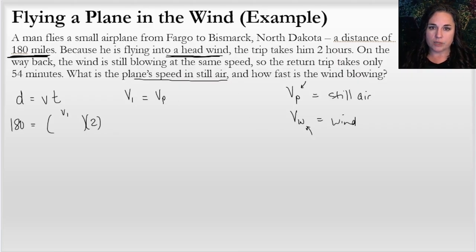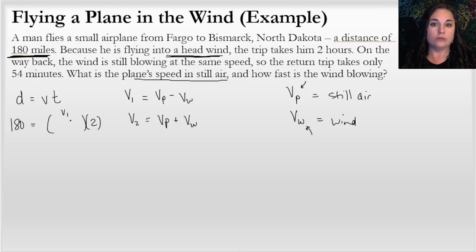The velocity of the plane minus the velocity of the wind is not going to go as fast. On the way back, the wind is still blowing, so the return trip is going to be faster. The plane is getting a boost from the tailwind.